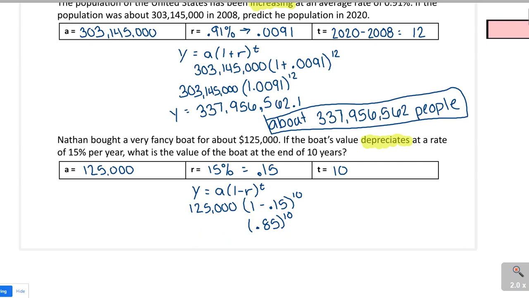Bring down everything else. Now we're going to type this into our calculator. Let's try that again. We get $24,609.30.